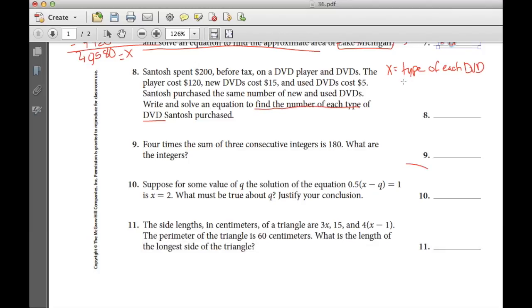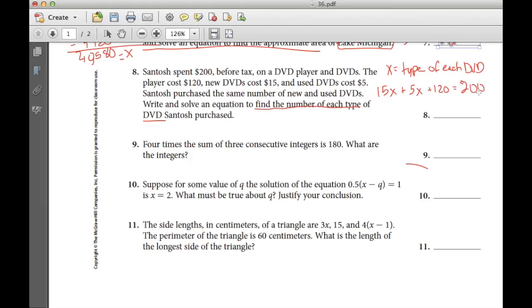And if we knew the number of DVDs, we would say that $15 times the number of new DVDs plus $5 times the number of used DVDs, and we are going to add in the cost of the player, which is $120, and we're going to set that equal to the total that Santosh spent, which was $200.